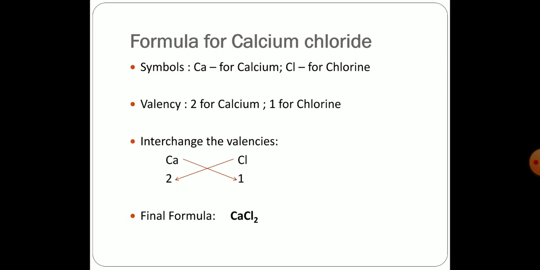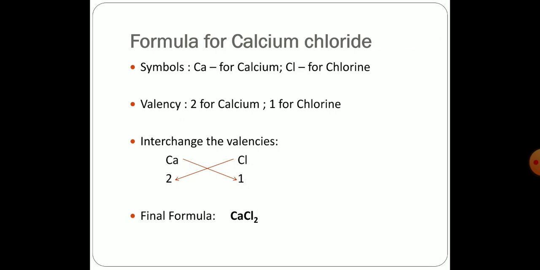So you write Ca and Cl and then the corresponding valencies, then we cross multiply, or we exchange, or we interchange, whatever word we use, we are going to cross interchange the valencies. So now the valency of calcium will become 1, and the valency of chlorine will become 2.